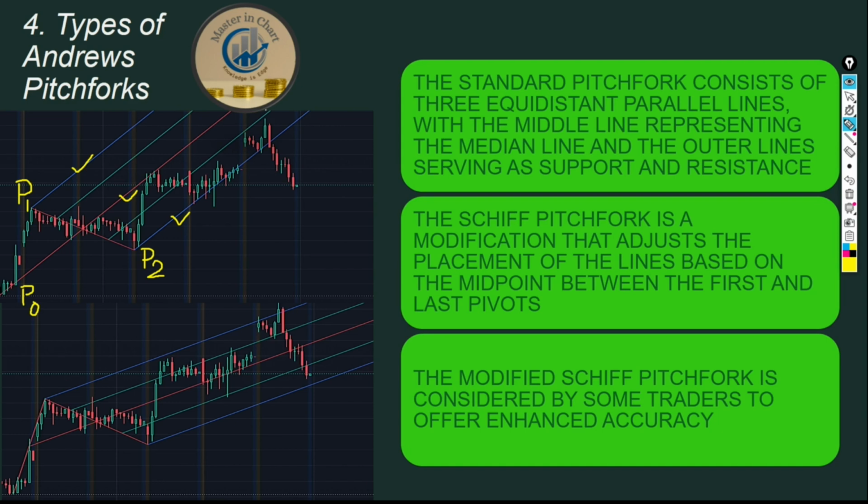Another kind of pitchfork is the shift median pitchfork, which also adds some value with a shift. Here is the point. We have seen this is the middle line. This point is P0.